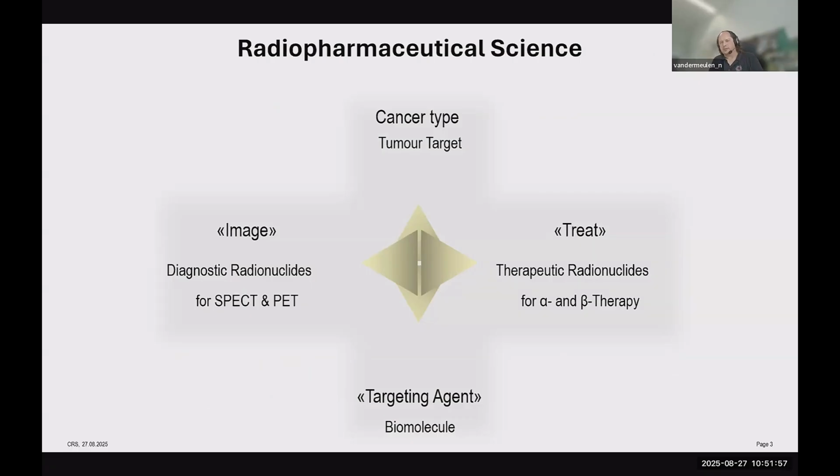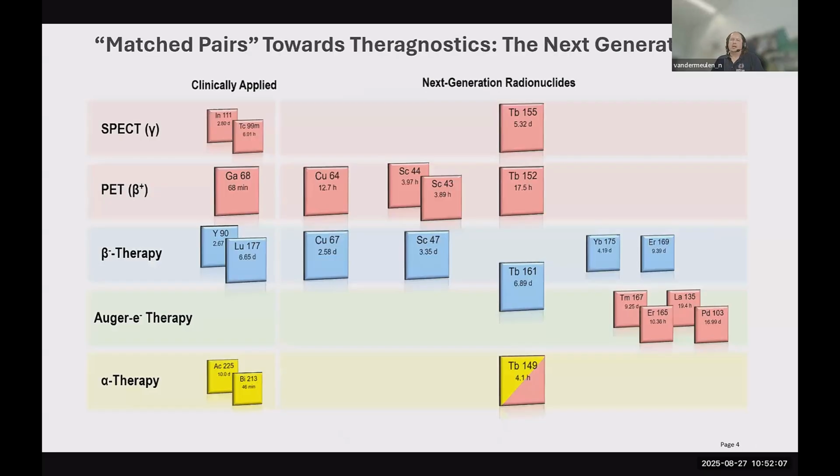So the radionuclide, while it is important, it is as important to have the correct ligand to be able to treat the correct cancer. And so the way we are looking at things currently, we have the likes of gallium-68 as a radiometal.